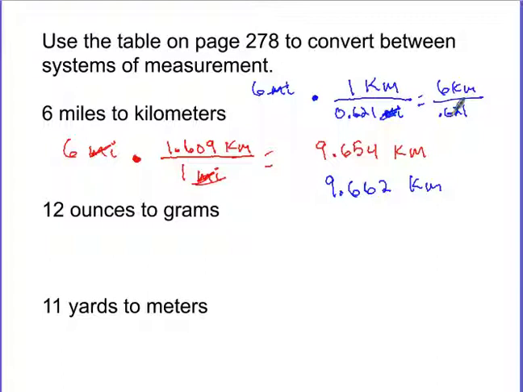But I come up with basically the same answer, right? I'm awfully close. We're talking about thousandths of a kilometer, and a thousandth of a kilometer is 1 meter. So we're off by a meter when you're talking about 9 kilometers. That's pretty close.